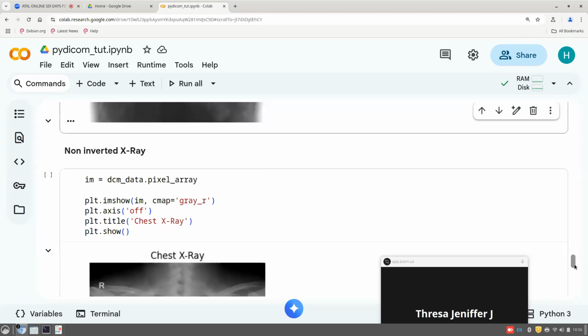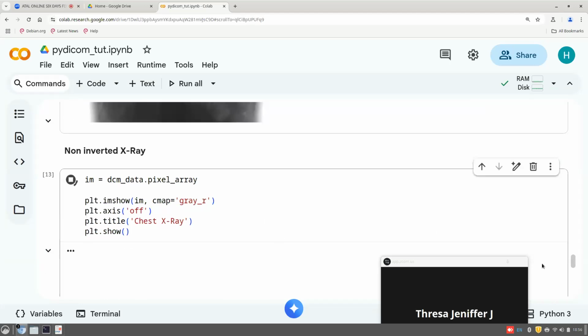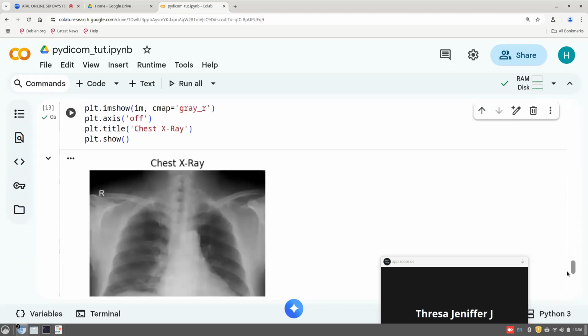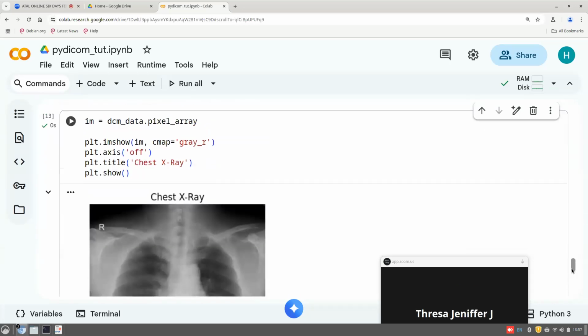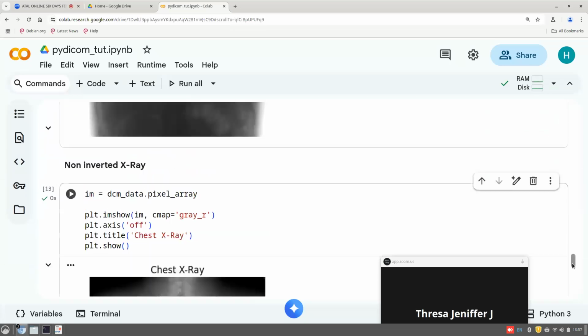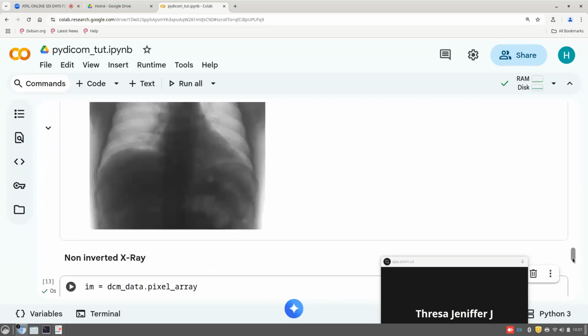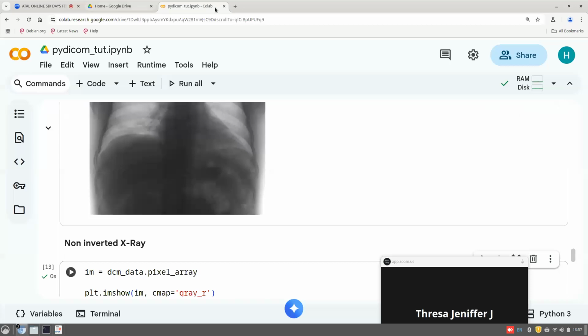These inverted X-ray images can also be plotted by using libraries such as matplotlib, and original X-ray images can also be plotted for the DICOM images using this PyDICOM library.